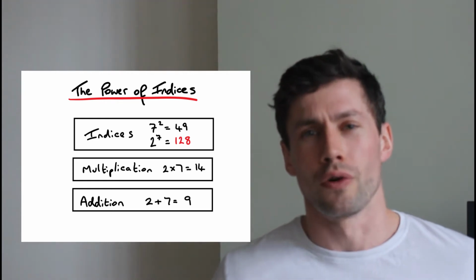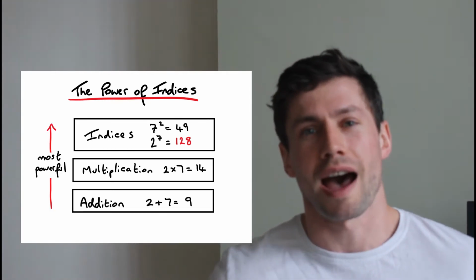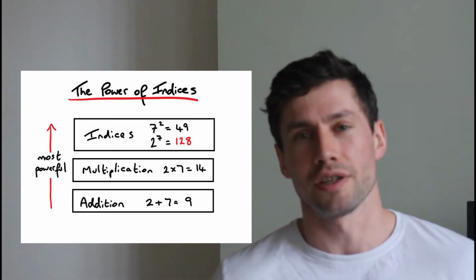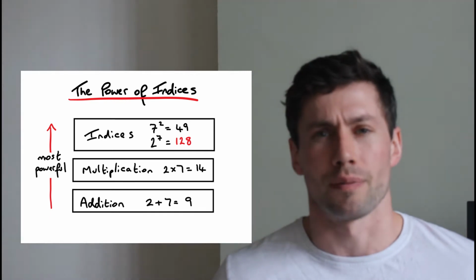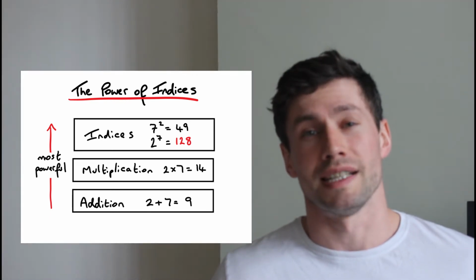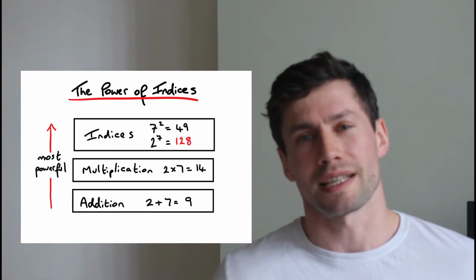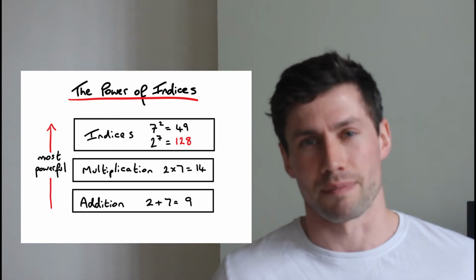We can therefore order these three operations in this sort of hierarchy of power, with addition at the bottom, multiplication in the middle, and powers at the top. This is going to be important later as it gives you a quick tip for remembering the indice power laws.